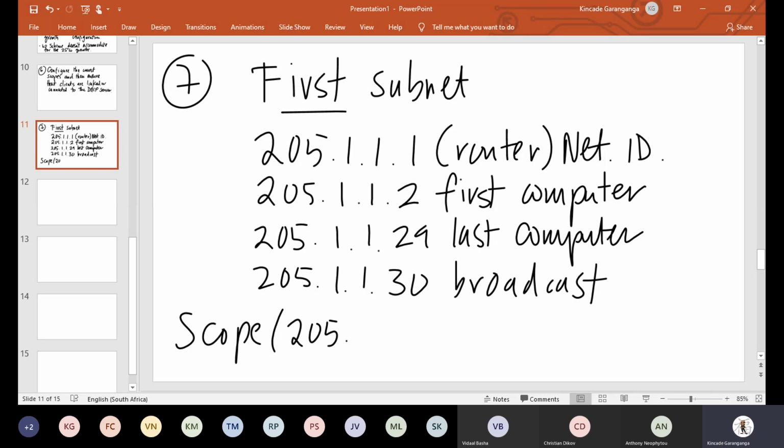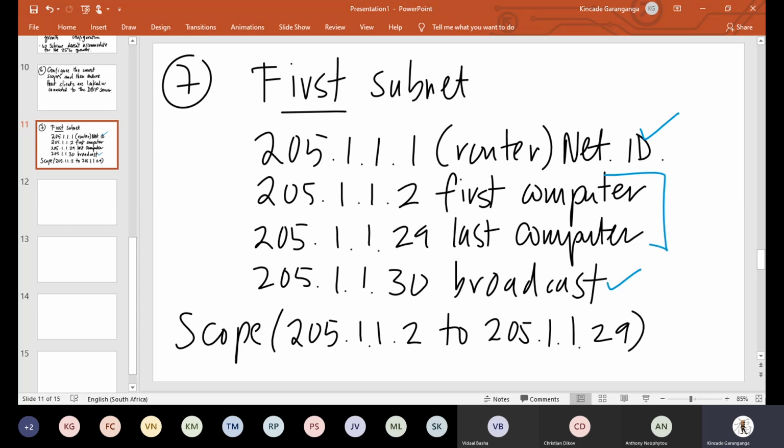It means that 205.1.1.2 all the way to 205.1.1.29. Because the first address, as you can see here, is not part of the scope, as we've known as far as the actual scenario is concerned. It's not part of the scope because that's going to be manually assigned to your router. And then the last address is also not going to be part of the scope because remember, this one is dealing with broadcast. So our actual scope is going to be from 2 all the way to 29.